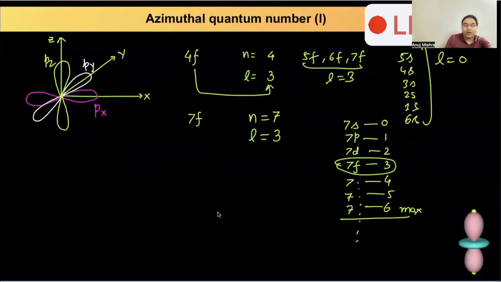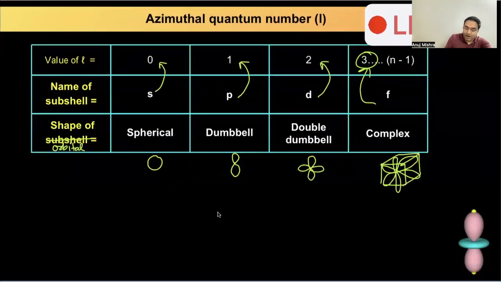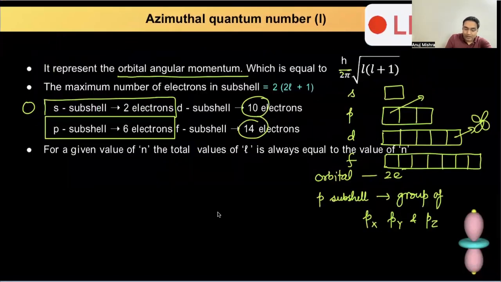Next discussion was, okay, you have understood what n is and what L is. How exactly are these numbers available? Why is it possible that we have 2 electrons here, 6 here, 10 here, 14 here? How are these coming in a given subshell? The idea is, if you have a P subshell, there are 3 orientations of P possible, Px, Py, and Pz.